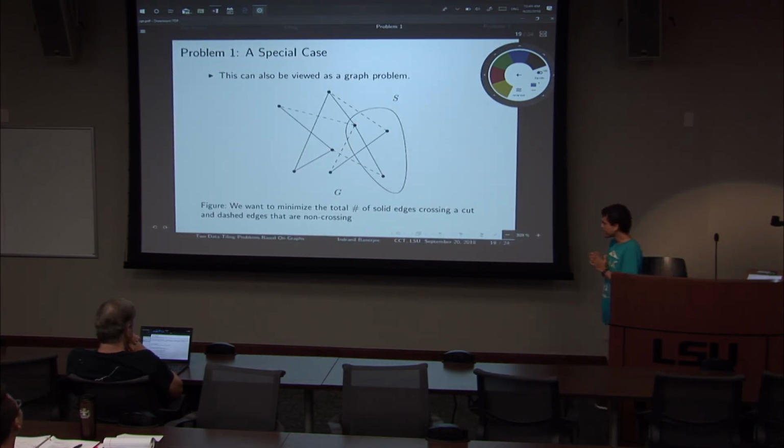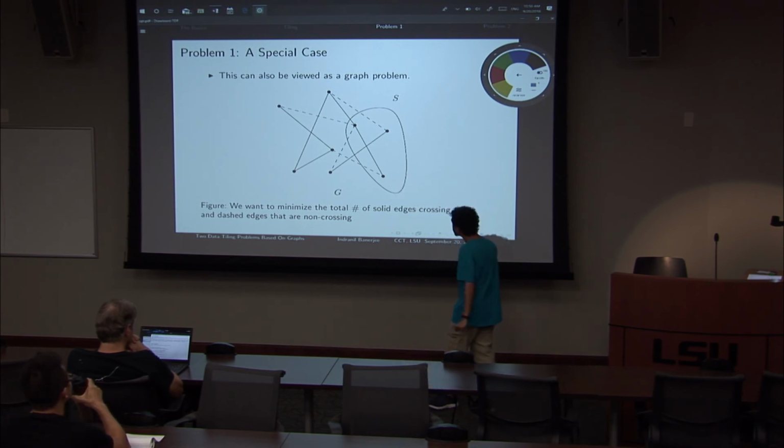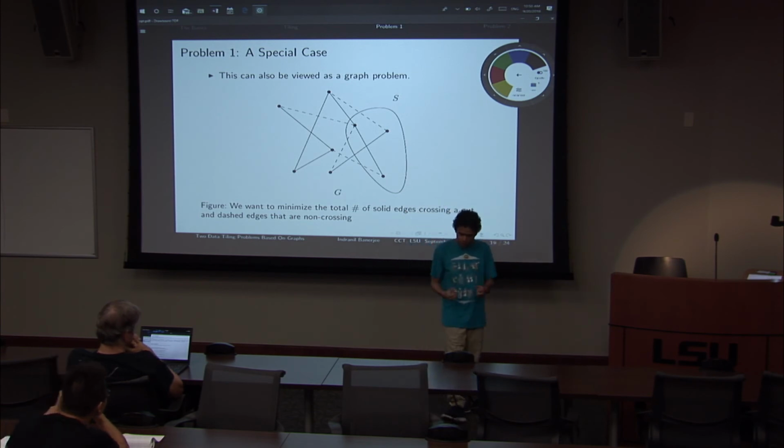So given a graph, I have colored the edges with two colors, one using solid lines, and the others using dashed lines. The goal is to find a cut. Everybody knows what a cut is?